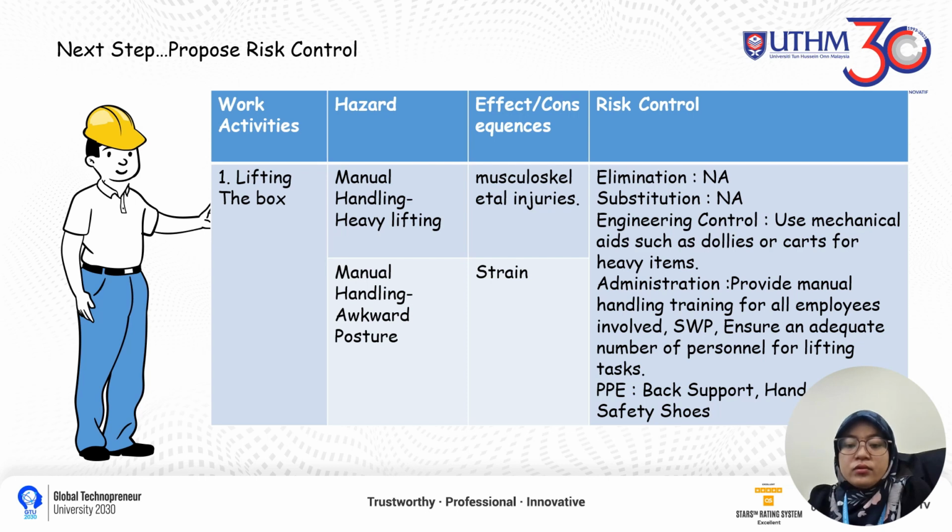For engineering control, we can use mechanical aids such as dollies or carts for heavy items. And then we can propose administration. We can provide manual handling training for all employees, involve safe working procedure, and ensure an adequate number of personnel for lifting. Lastly, we can propose PPE, back support, hand gloves, and safety shoes.